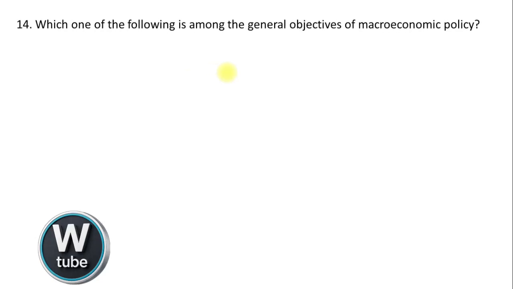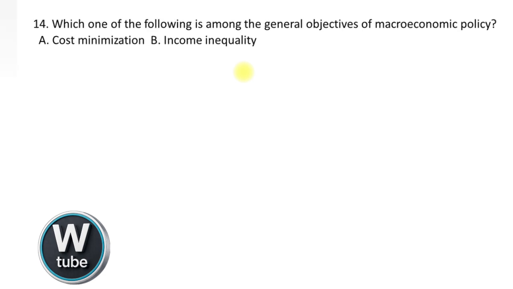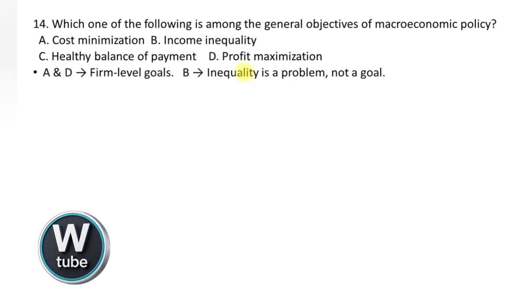Question number 14. Which one of the following is among the general objectives of macroeconomic policy? A. Cost minimization. B. Income inequality. C. Healthy balance of payments. D. Profit maximization. Cost minimization and profit maximization are firm-level goals, not macroeconomic policy goals.